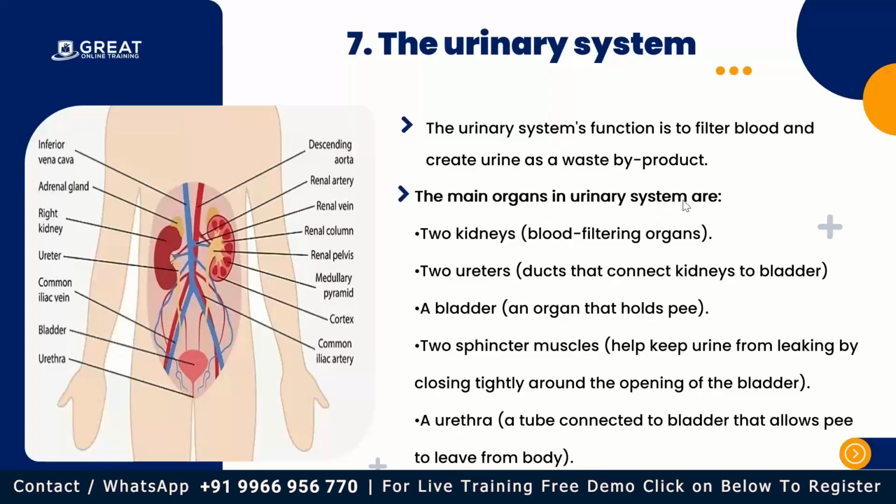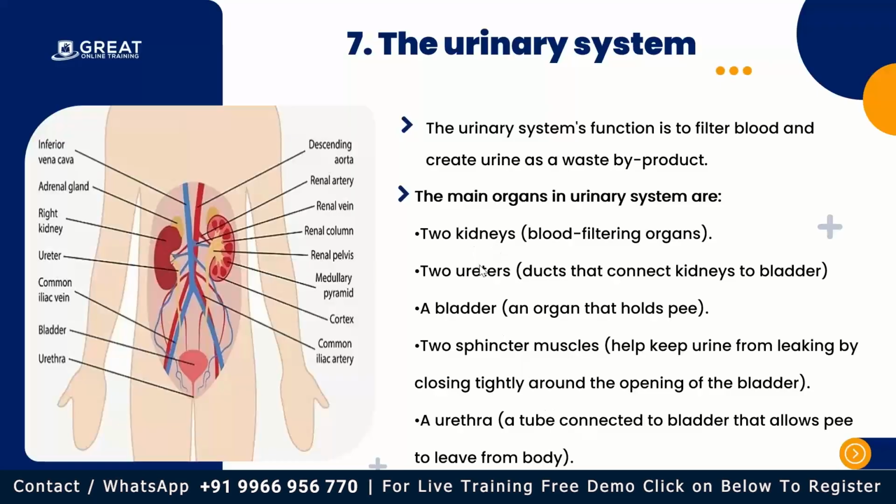The main organs are two kidneys, which are blood filtering organs, two ureters, which are ducts that connect the kidneys to the bladder, and a bladder, which is an organ that holds pee. This is the bladder. Two sphincter muscles help keep urine from leaking by closing tightly around the opening of the bladder. And a urethra, the tube connected to the bladder that allows pee to leave your body.